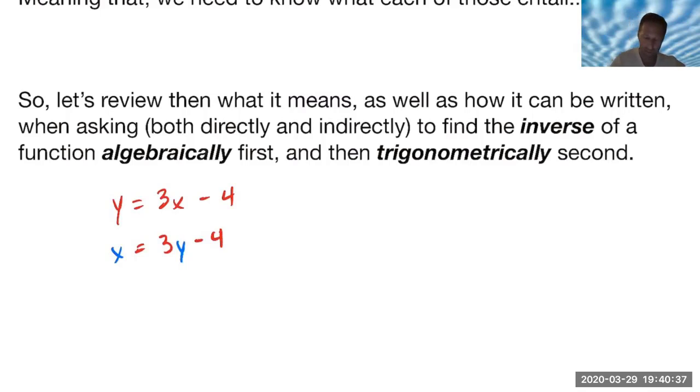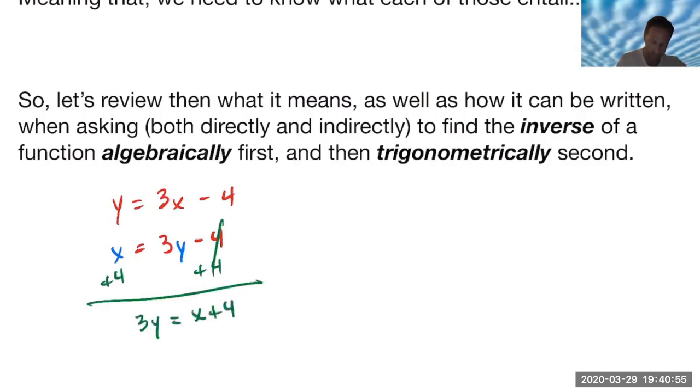So in this case, what we're going to try to do to finish is take this equation and actually make it y equals again. So our first step would be to solve by adding 4. So now we got 3y on one side of our equal sign and x plus 4 on the other.